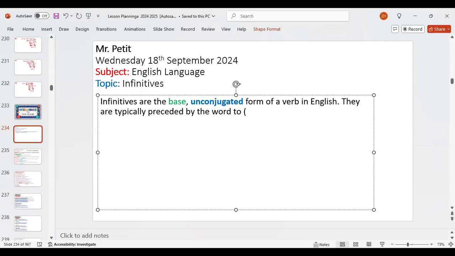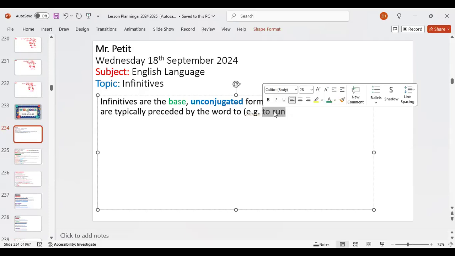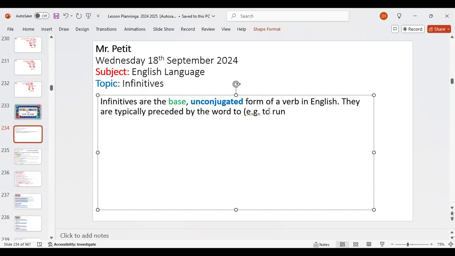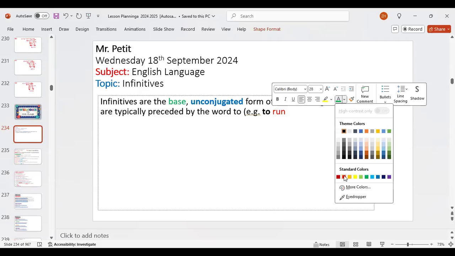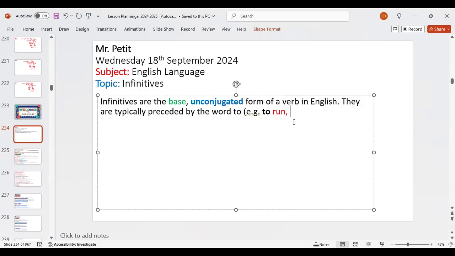So for example, this is our first infinitive: to run. That's an infinitive, because what comes before it? To. Very good. So run is the infinitive, and we could conjugate run. But we know run is an infinitive because to comes before it. And then you have to sing.